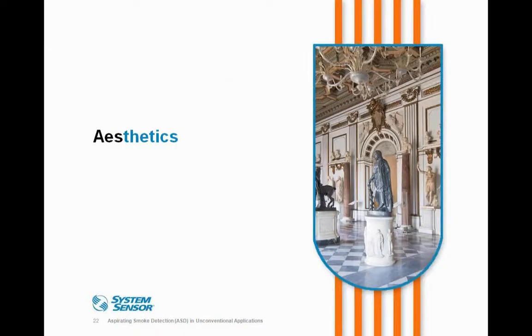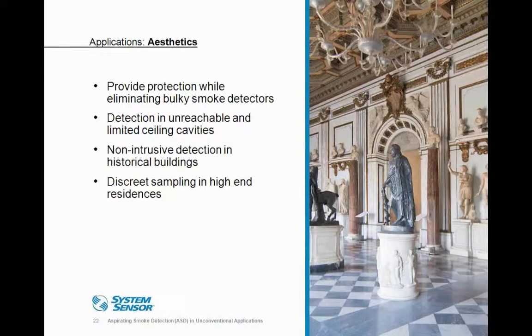Switching gears again, let's talk a little bit about aesthetics. I think we all understand the issue of aesthetics when it comes to providing protection in certain applications such as museums, art galleries, historical properties, even high-end residences. Architects and engineers want to provide protection, but there's certainly a concern for preserving the integrity of the building.